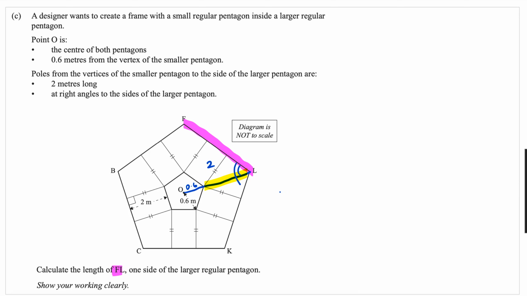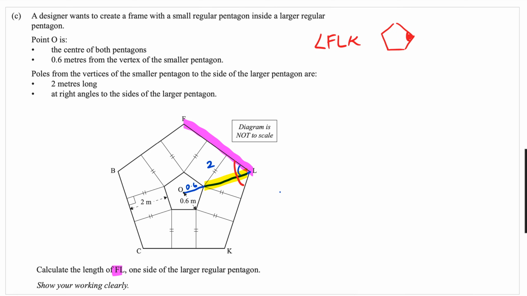because I can find out what the interior angles are in a pentagon. So that's what I'm going to do first. I'm going to work out what angle FLK is. I'm just going to put that in a different color. So angle FLK is basically the pentagon that we have here, and I want to figure out what this whole angle is going to be.